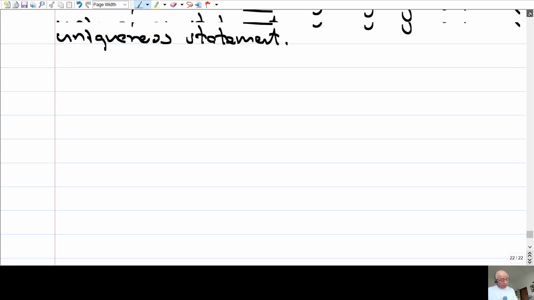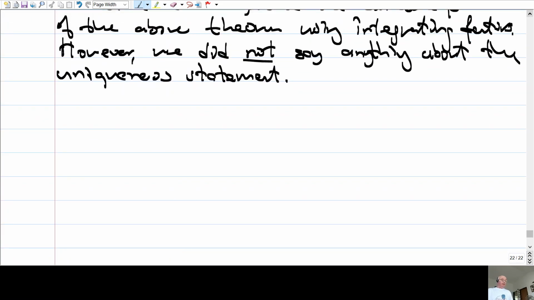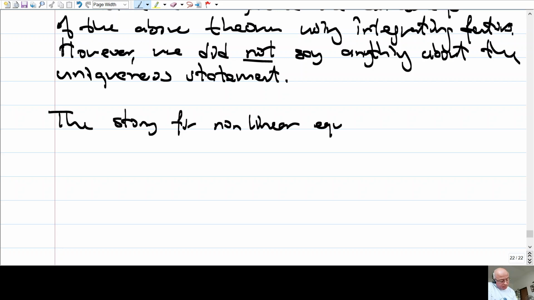But for nonlinear equations, the story is quite different. The story for nonlinear equations is quite different.